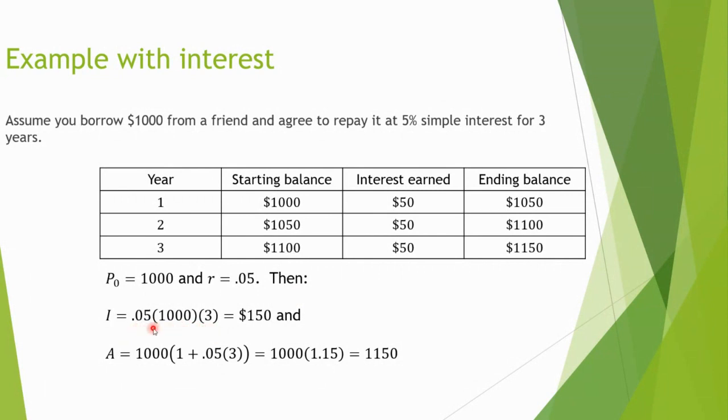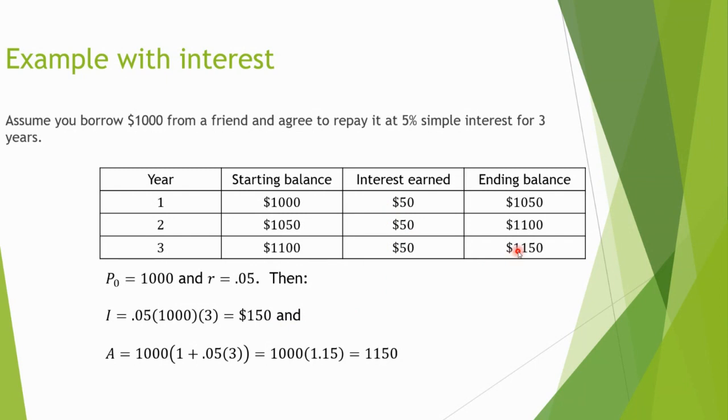I know maybe these two should be switched in order, but you're multiplying, so it doesn't matter what order. We get $150. And if you notice, that's the total interest. If you add $50 to itself 3 times, you get $150.